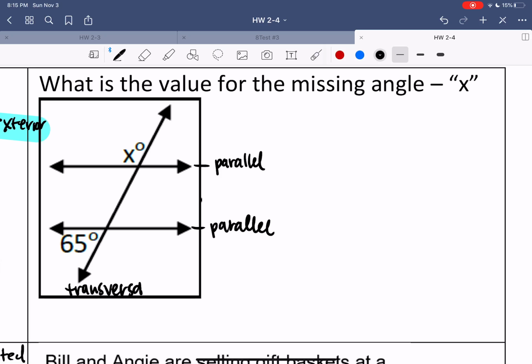So this is going to be X, and this is also going to be 65. So I can see that 65 is going to go here, and 65 is going to go here. So that's not X. X does not equal 65, but I can determine what that is by knowing that this whole thing has to be 180 degrees. So I can take 180 and subtract 65, and I'll be able to get how many degrees are there.